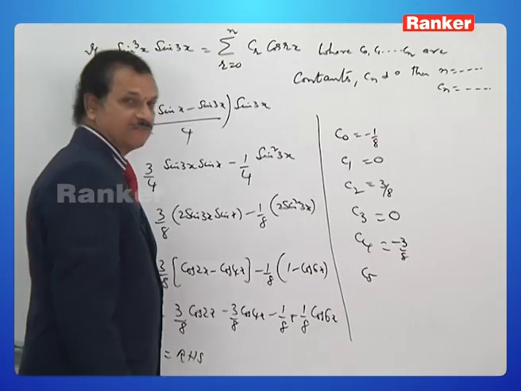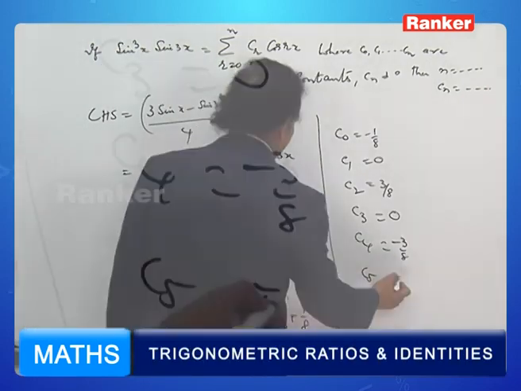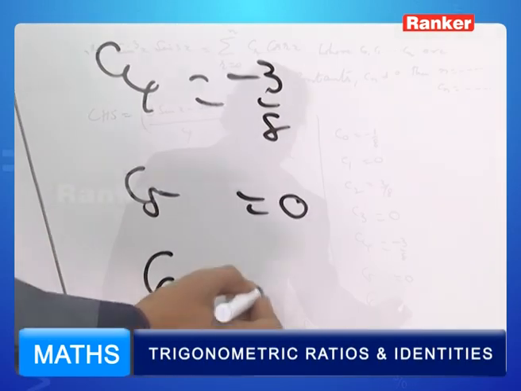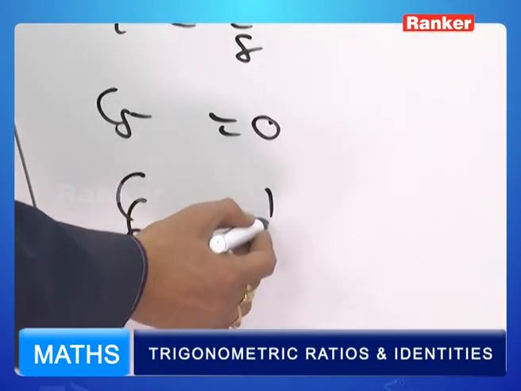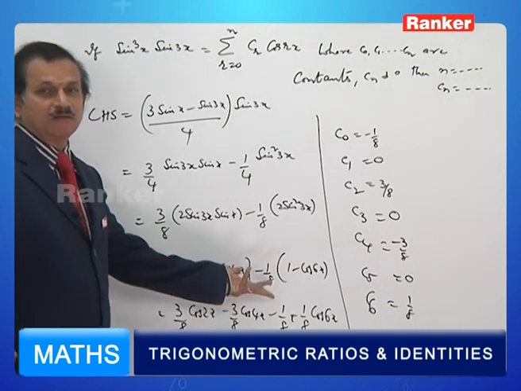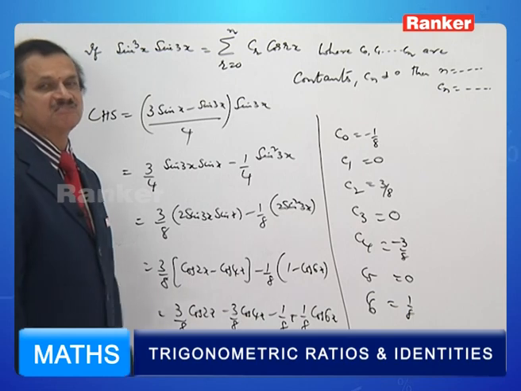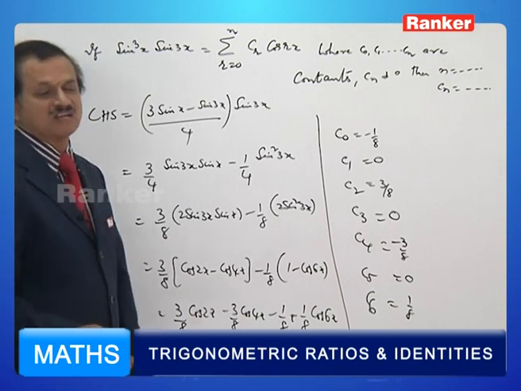C5, coefficient of cos 5x, it's not available. C5 is 0. C6, coefficient of cos 6x, what is that? 1 by 8. C7, cos 7x is not available. Cos 8x is not available. After 6x, they are not available.